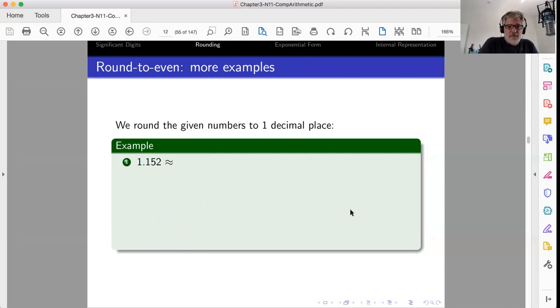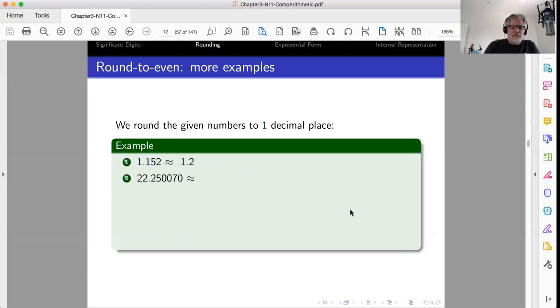So now in these examples, we have to round the given numbers to 1 decimal place. Okay, so here the test digit is the second decimal, which is 5, right? Then I look after, there's a non-zero decimal after my test digit, so I go up. So that's 1.2.